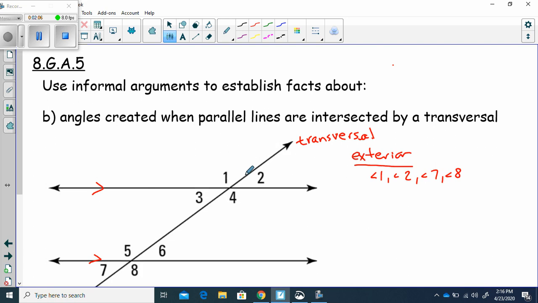They're outside the two parallel lines. Now, how about the interior angles? The interior angles would be inside the two parallel lines. In this case, angle 3, angle 4, angle 5, and angle 6. Now, these terms just help us when we're trying to name the angles.